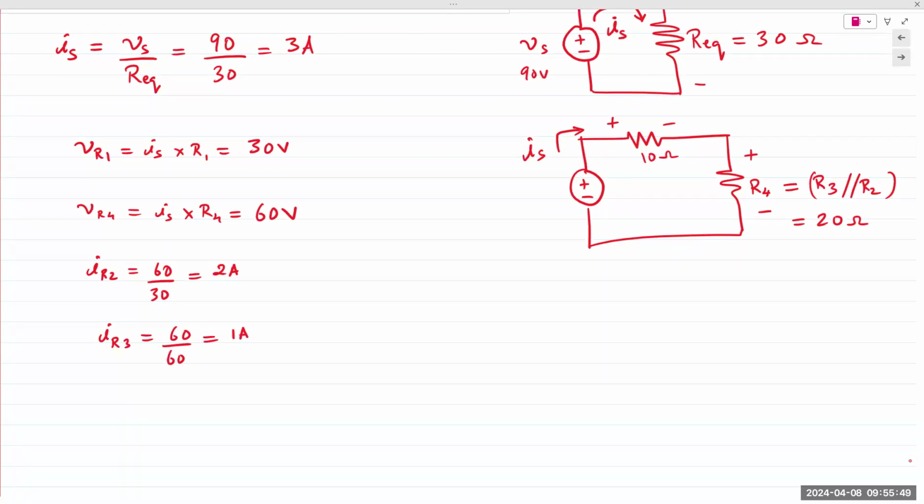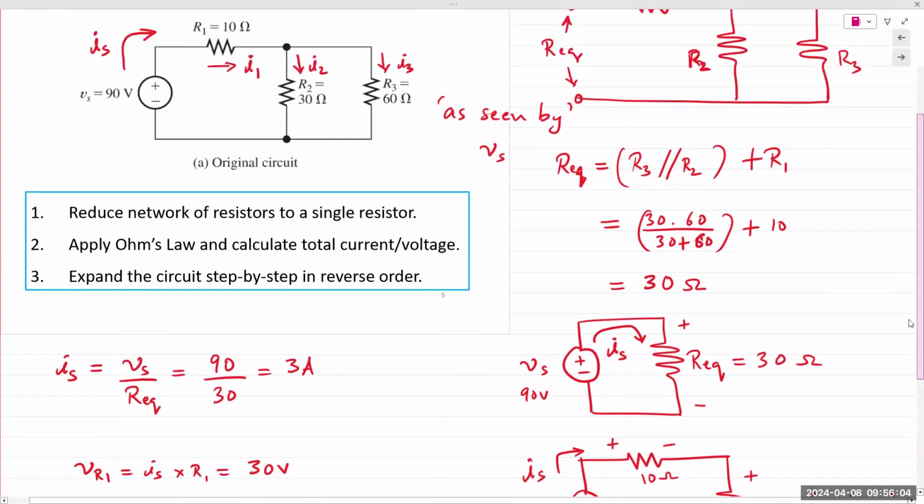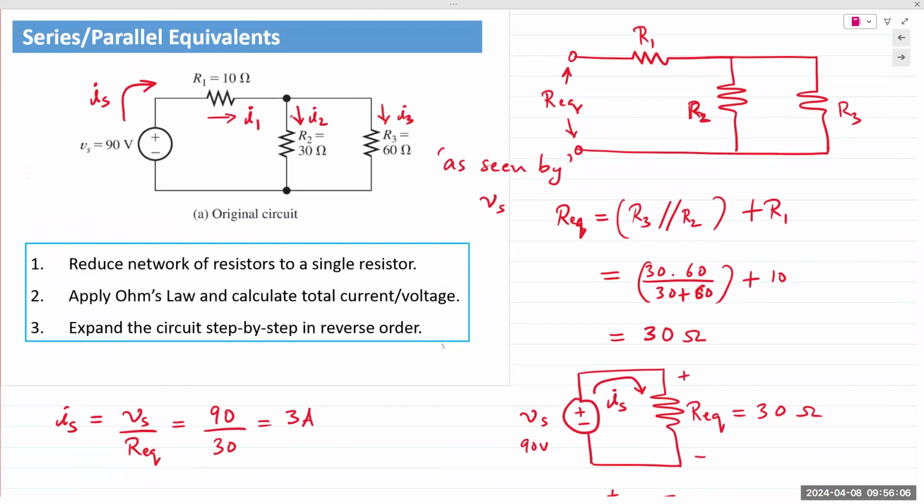Gives me 1 amp. 2 plus 1 is 3 amps. KCL tells me that my answer is correct. So I2 is 2 amps. This is 1 amp. This is 3 amps.